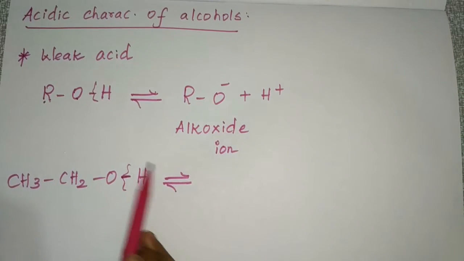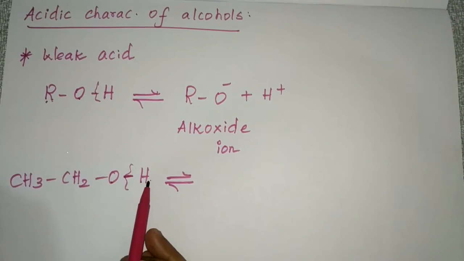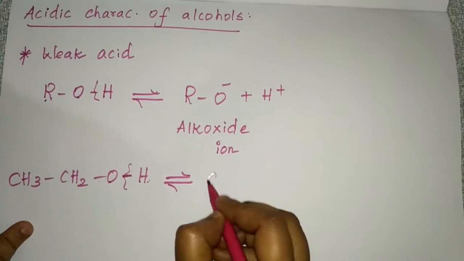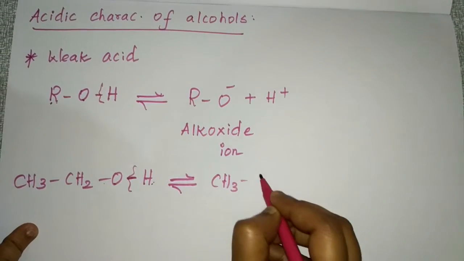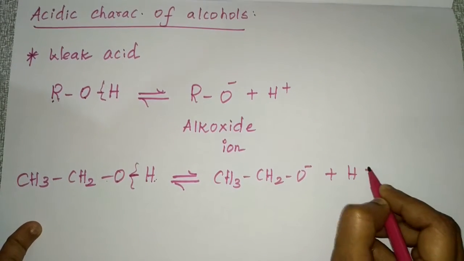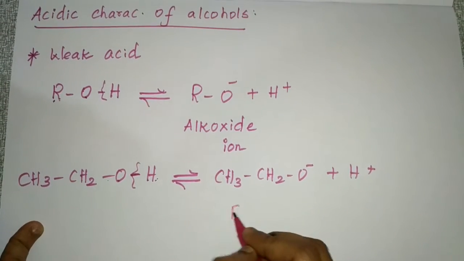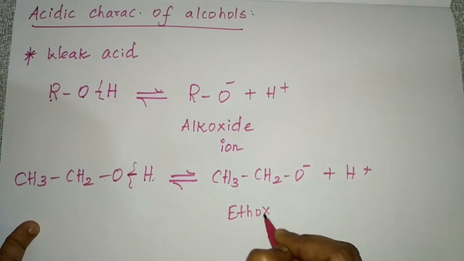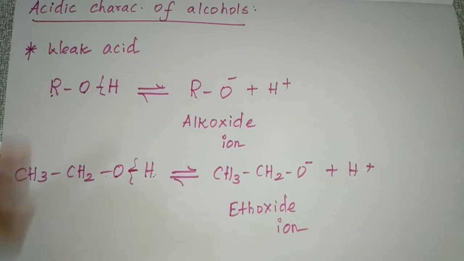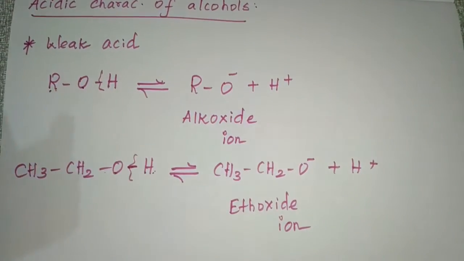The bond is cleaved between oxygen and hydrogen, not between carbon and oxygen. Clear? Here the formed product will be CH3CH2O minus and H plus. So the product will be the ethoxide ion. So this is the introduction part.